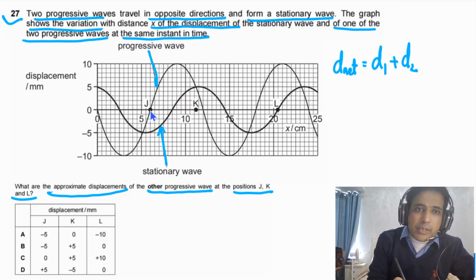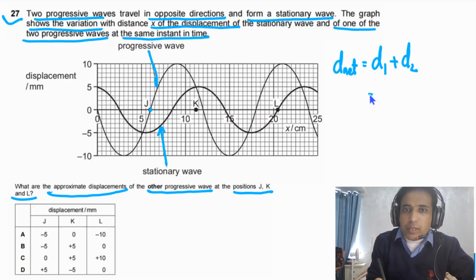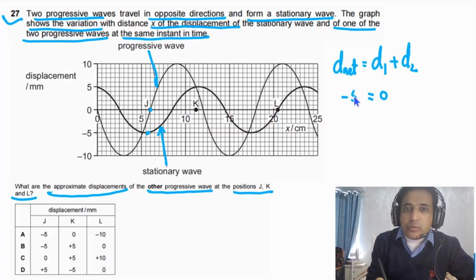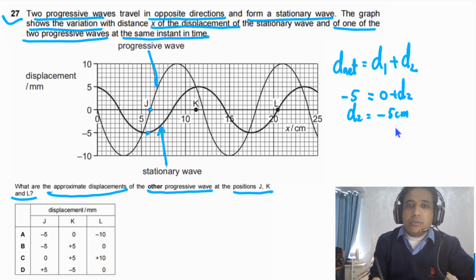If you look at point J, the displacement of one progressive wave is equal to 0, and the net displacement is equal to minus 5.